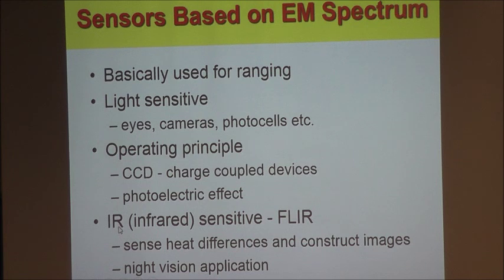Some are IR, infrared sensitive. Those sense heat differences and construct images, for night vision applications. You could use that for night goggles, for night vision that, for example, our soldiers use to be able to operate in the middle of the night. Okay.